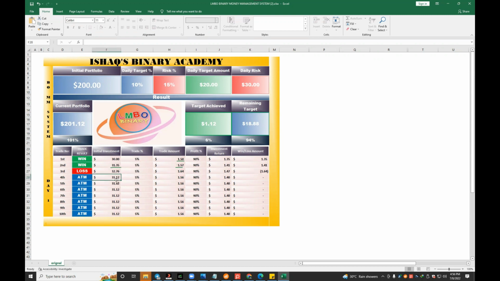Now my remaining amount is 31.12. So the amount is decreasing from the previous amount. Now the next betting amount will be similar. In case I'm losing again, you can see the third trade, the fifth trade, which will be this one, the third trade which I'm going to place after the two losses, again it will be similar, 1.48.